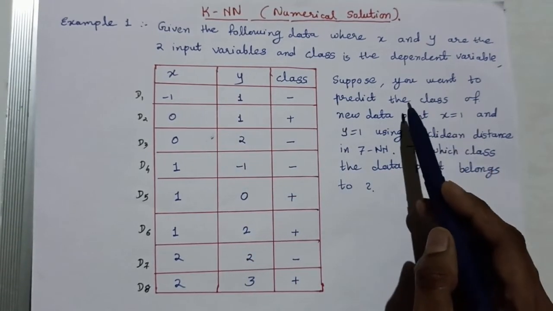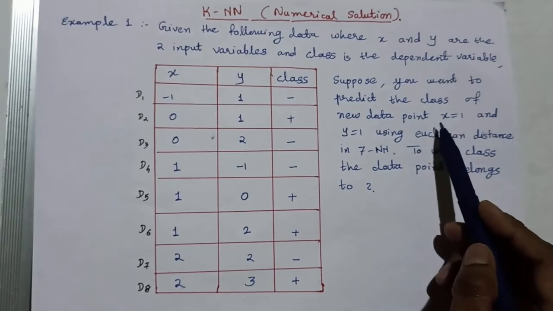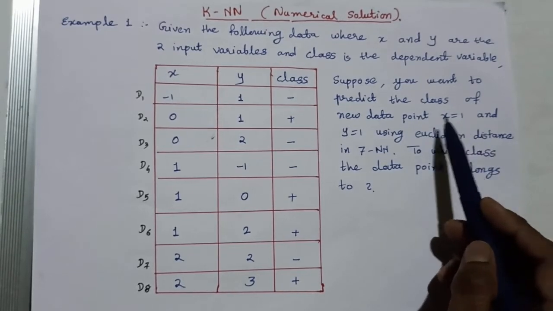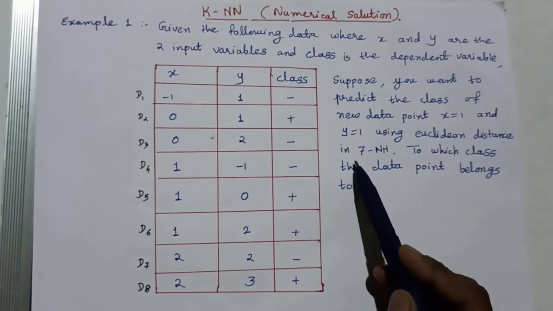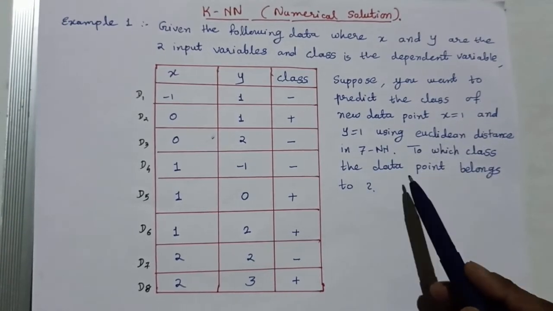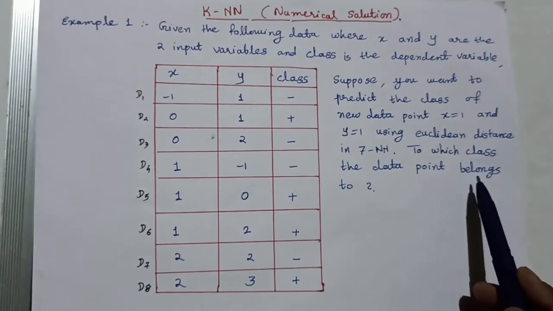Suppose we want to predict the class of a new data point, that is x is equal to 1 and y is equal to 1, using Euclidean distance in 7NN. To which class does the data point belong?